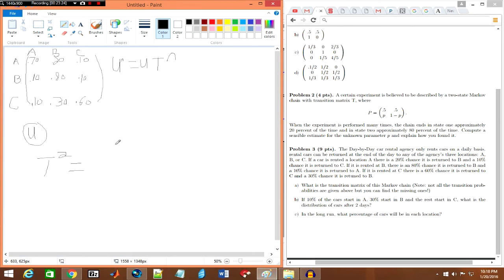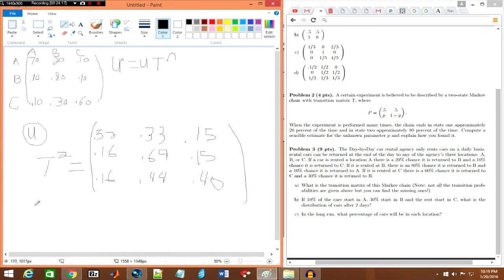All right, and so the transition matrix for T squared is 0.52, 0.33, 0.15, 0.16, 0.69, my favorite number, 0.15, 0.16 again, 0.44, and 0.40. Bam.